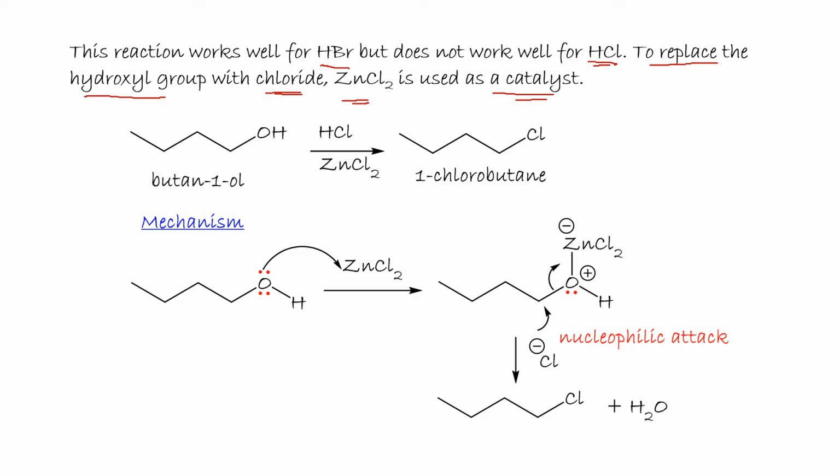What will happen? A Lewis acid-base complex forms in the first step between the alcohol and zinc chloride to form a good leaving group. Then the chloride will attack as a nucleophile and kick this group out.